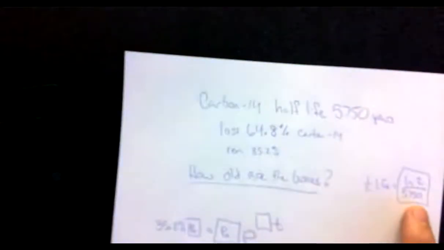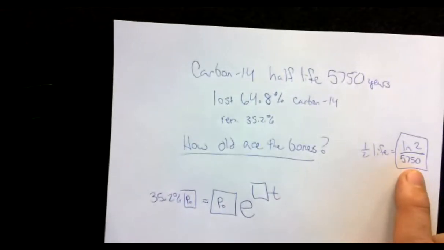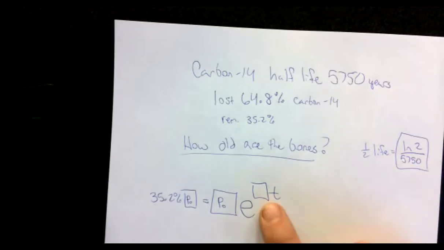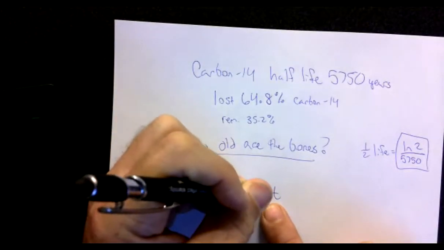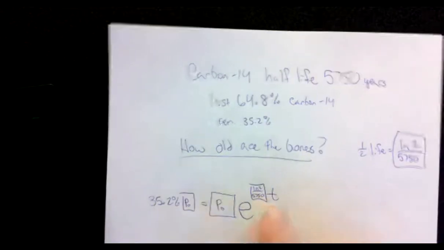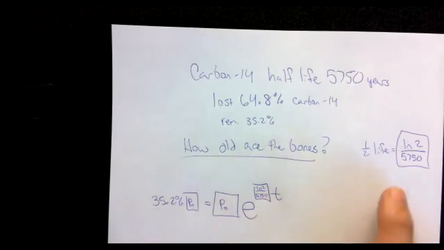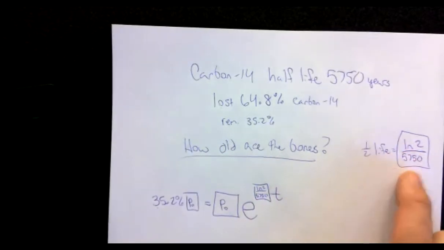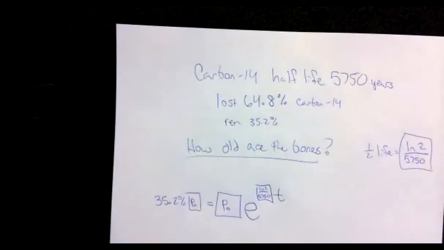So this natural log of 2 divided by 5,750 is what's going to become my K value. Okay. So the initial amount we don't know. Doesn't really matter. I'll show you why here in just a second. But again, when dealing with a half-life, it's the natural log of 2 divided by whatever the half-life is. So that's going to be our multiplier.